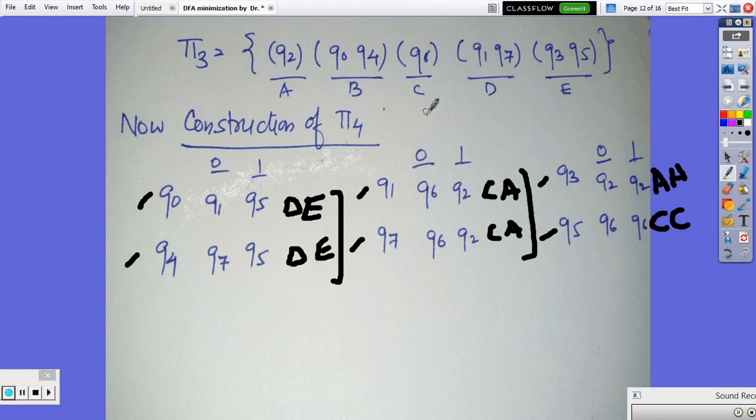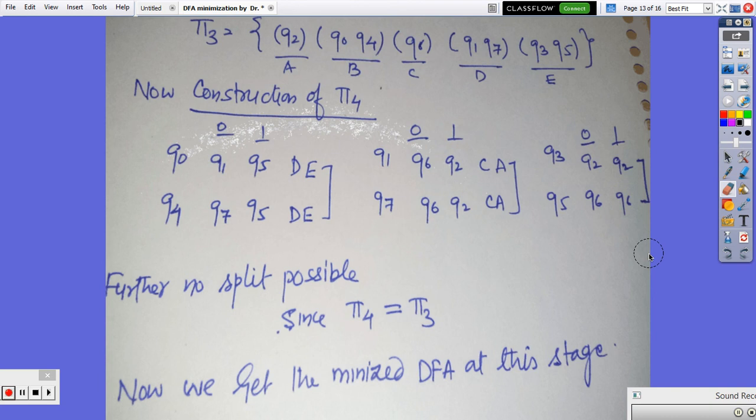So what we identified is, now if you see, this is already Q2, Q6, already they have split. You see this? Now we'll see in the next page what to do.